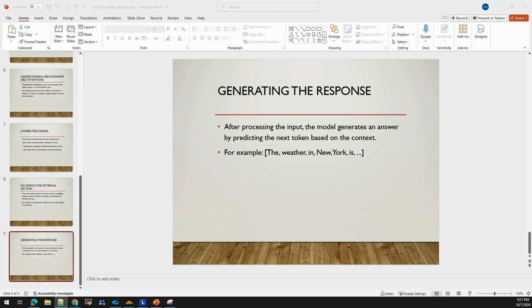It understands the meaning, and uses its internal knowledge, the knowledge it gained while training, to generate the response step by step without needing to search for information outside. That's how, when you ask a question to ChatGPT, it is able to respond back to you. These are the high-level steps which happen behind the scenes when you ask a question to ChatGPT.